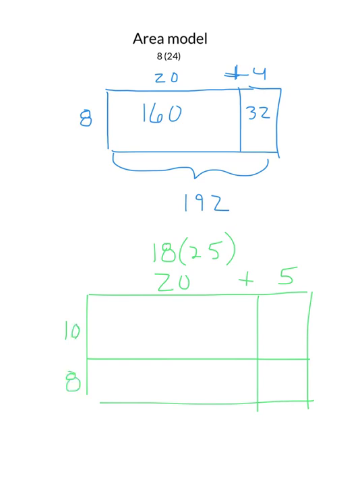So just realize that's the difference between a 1-digit by 2-digit number and a 2-digit by 2-digit number. 3 digits by 2 would be 3 columns by 2 columns. Just so you realize how the area model becomes most efficient, because here 10 20s is 200, 10 5s is 50, 8 20s is 160, 8 5s is 40, and I would add up all those boxes, the same as I'm adding up these 2 boxes here, again, to get 192. So we're finding, no matter which way we do it, we're still getting the same solution.